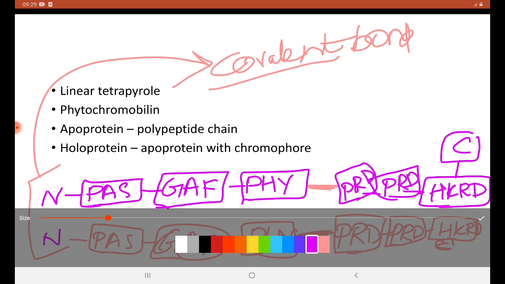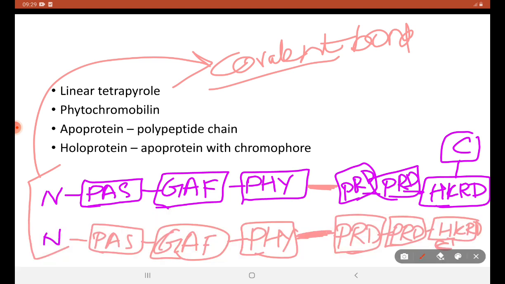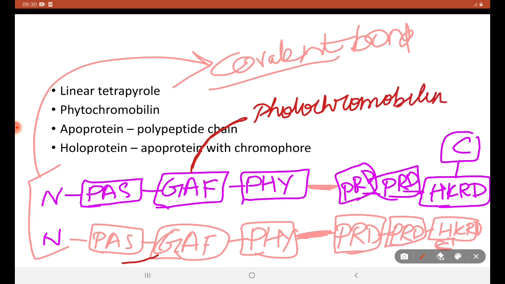Now the GAF domain is attached with phytochromobilin, both GAF domains are attached with phytochromobilin.